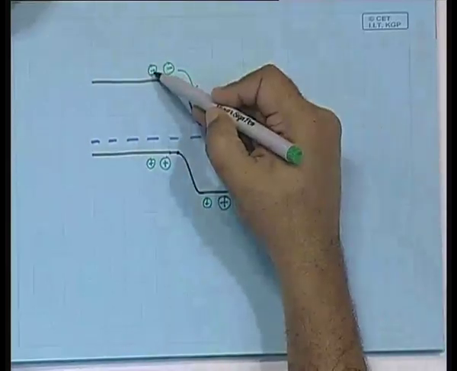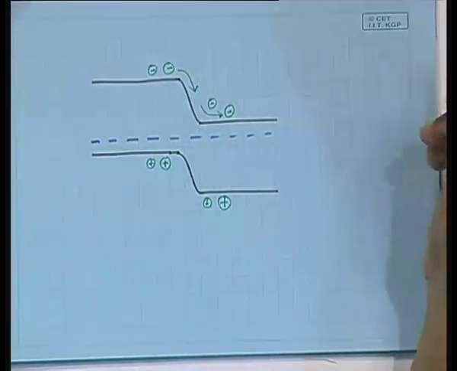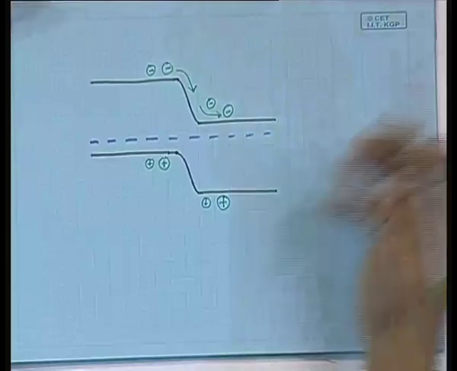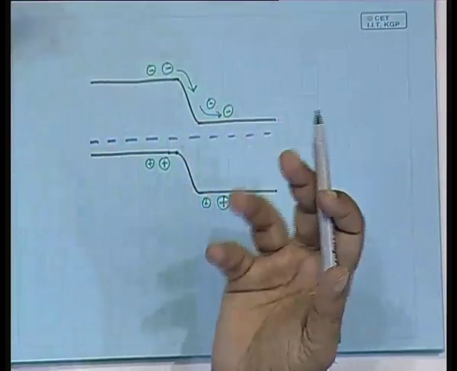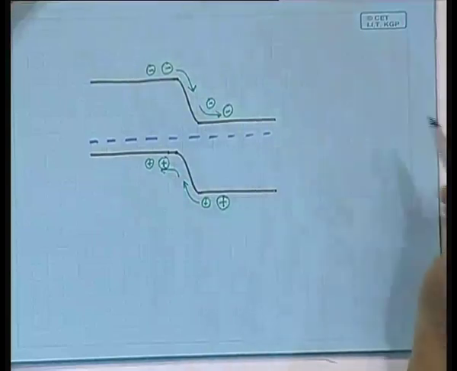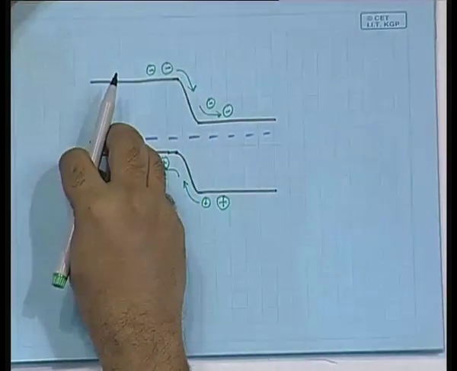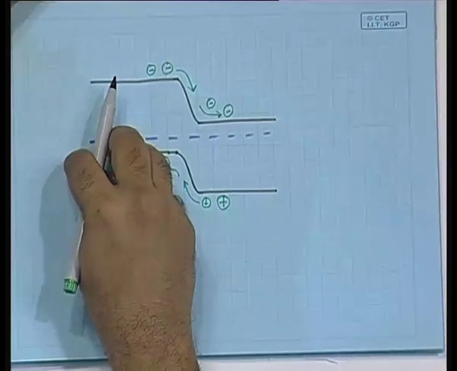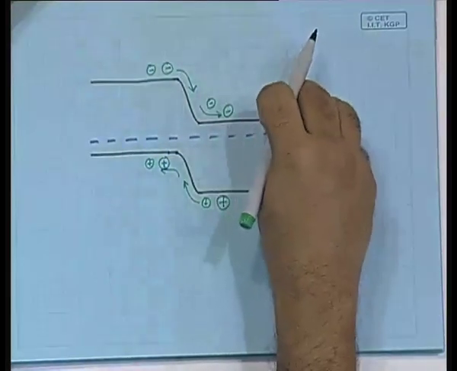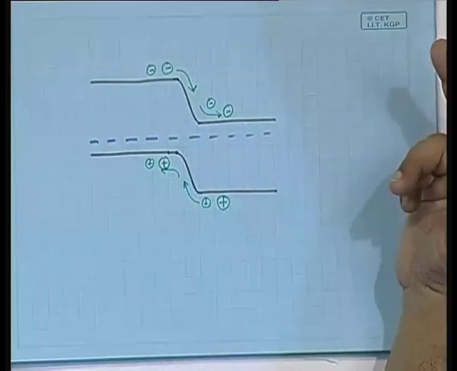Then the electrons from this side will flow down the hill, and holes tend to bubble up. They behave like bubbles in water, that means they tend to flow up. So, the holes will flow like so. As a result, there will be a larger concentration of holes in this side and a larger concentration of electrons in this side, thereby producing a voltage difference.